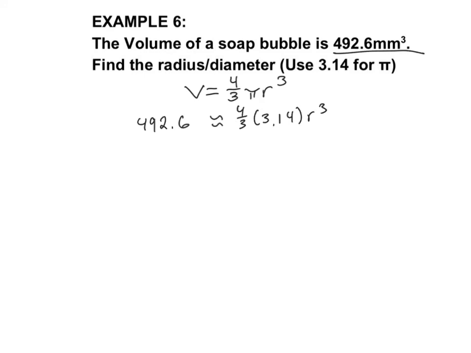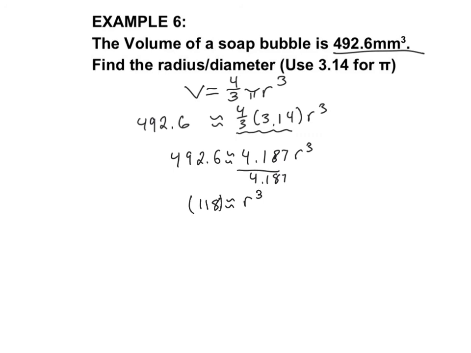Now we solve this just like we did in the last problem. Let's multiply our 4/3 and 3.14. So 492.6 is approximately equal to 4.187 r cubed. Divide both sides by 4.187, which gives us about 118 on the left side, and r cubed on the right.